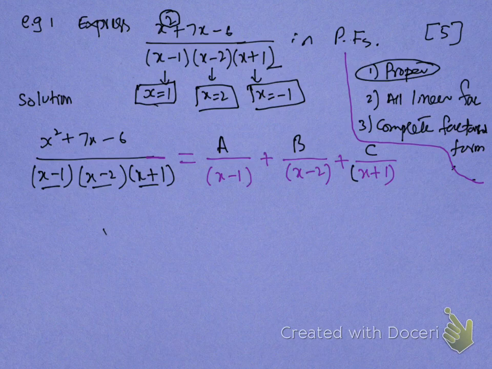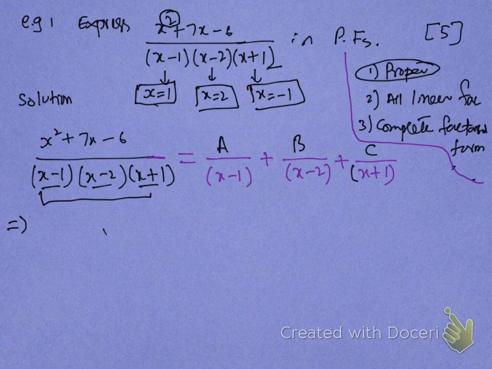For the values of the constants A, B and C, we have to eliminate the fractions from both sides. For that, we multiply both sides by this denominator.